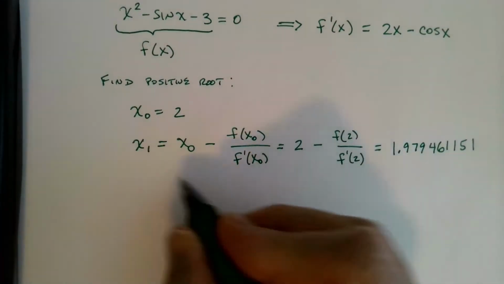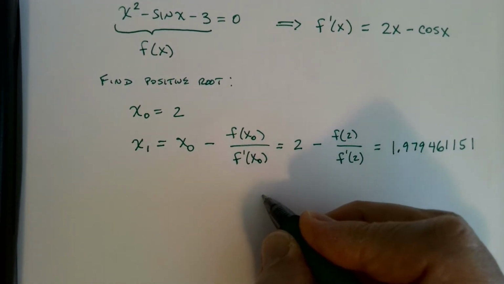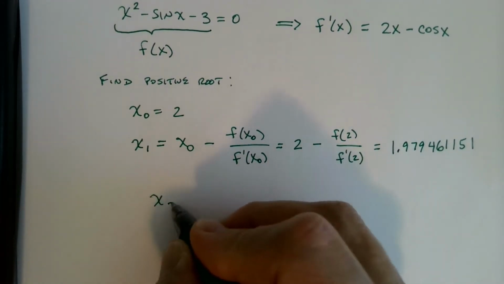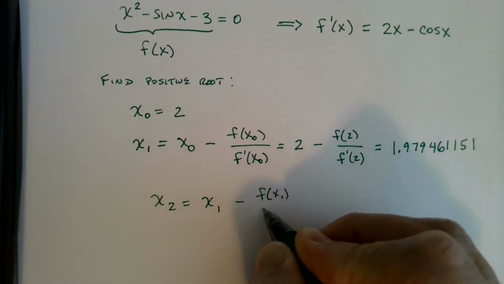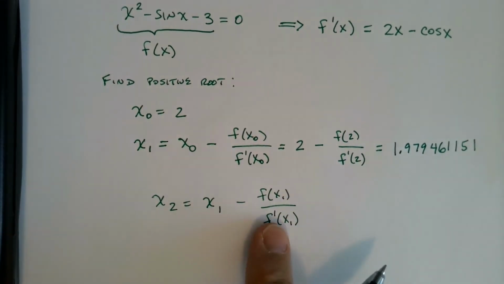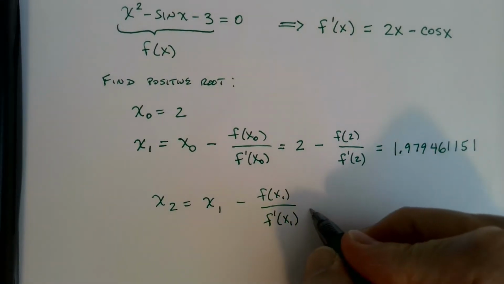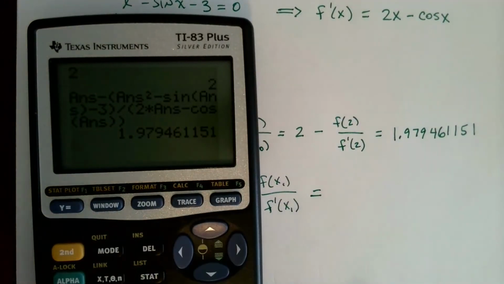So what will x of 2 be? Well, x of 2 will be x of 1 minus f of x of 1 over f prime of x of 1. And so x of 1 is this value. Okay, but the quick thing with the way we did it in the calculator is that now I can use the entry command.